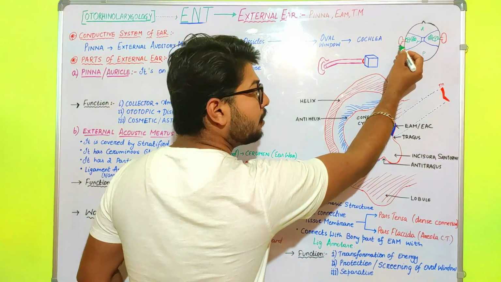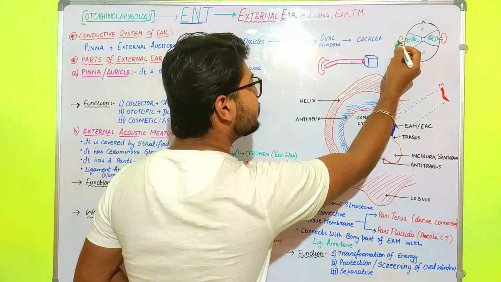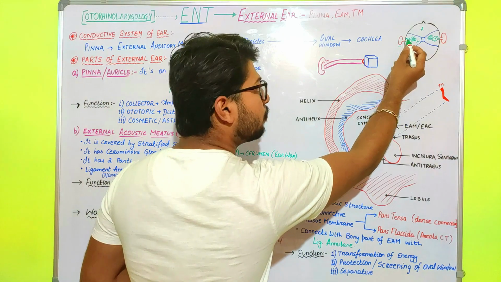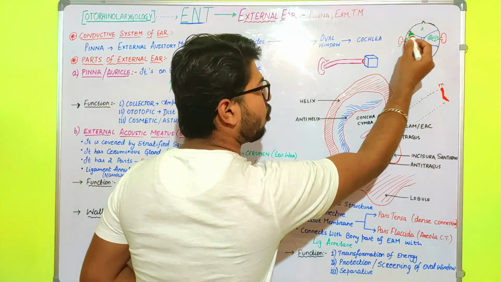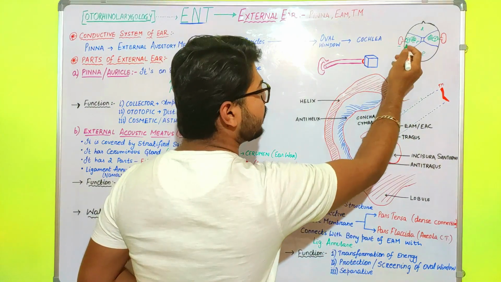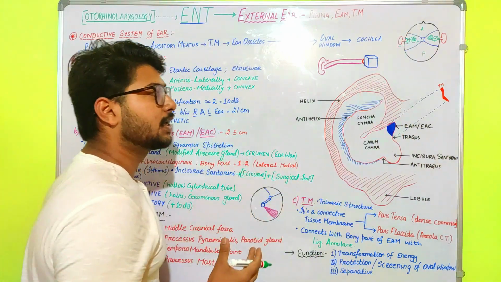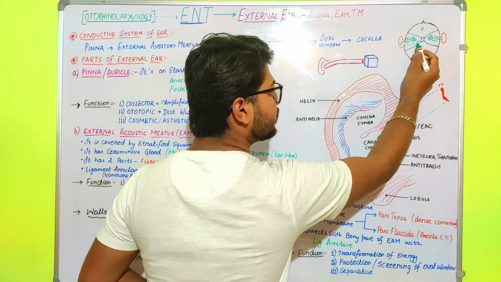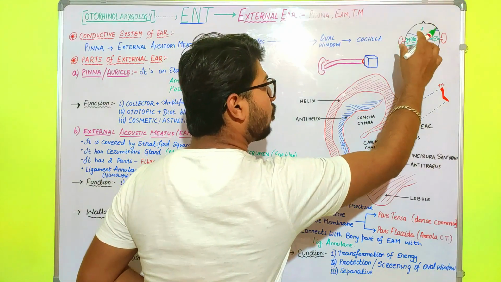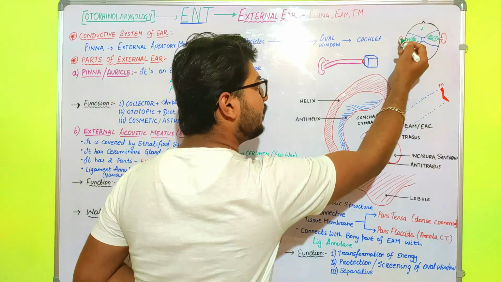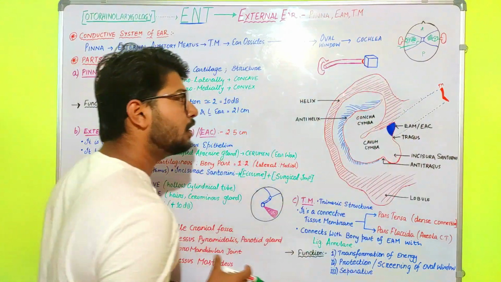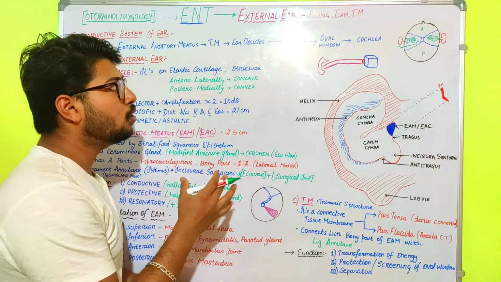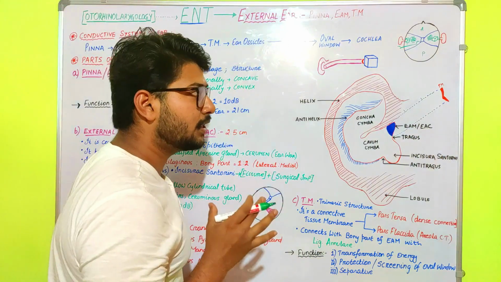Here the red diagram represents the external ear and the green box represents the middle ear, and here we have the cochlea, vestibule and semicircular canals representing the inner ear. So this is the anatomical location that you should know before reading the external ear.